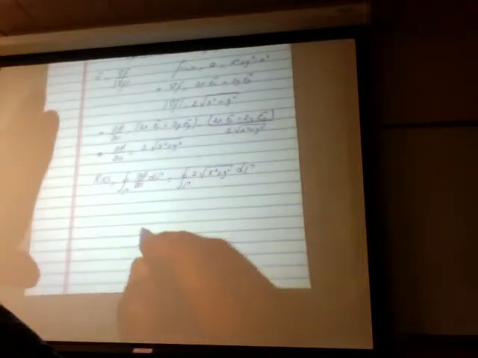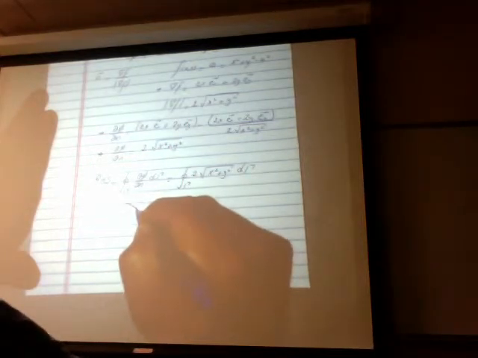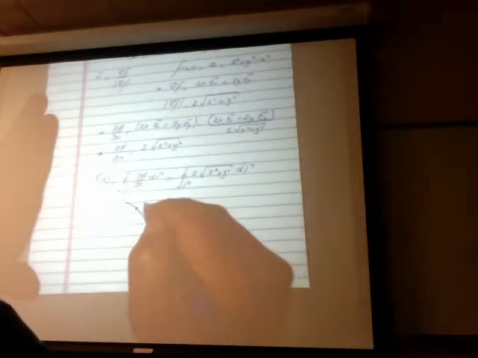Now we need to parameterize this curve. We're taking a closed contour line integral, so that's gamma.